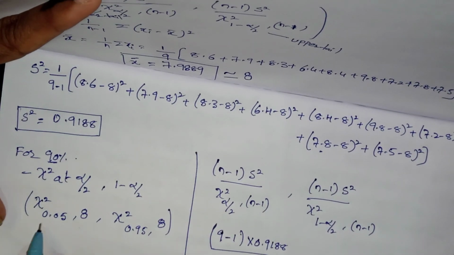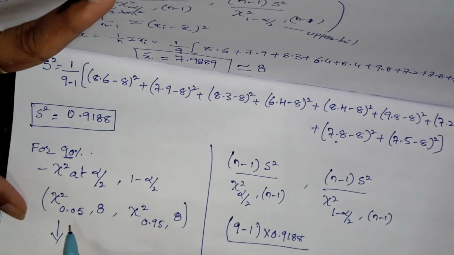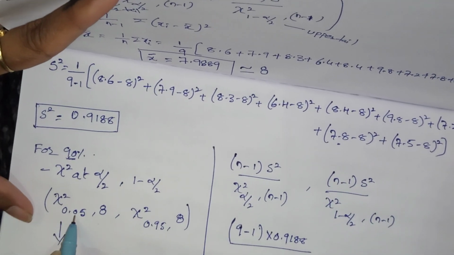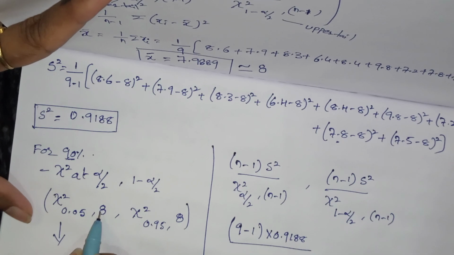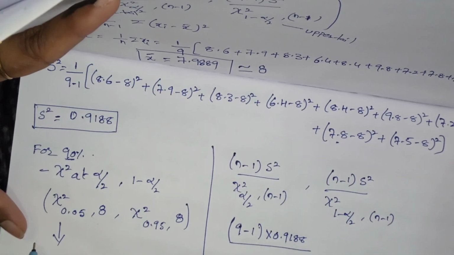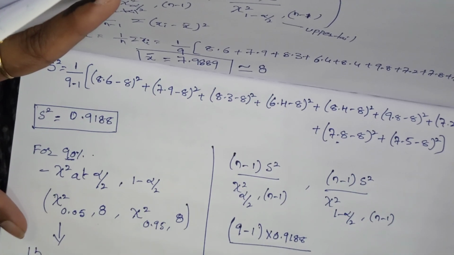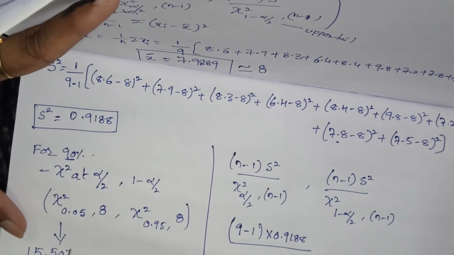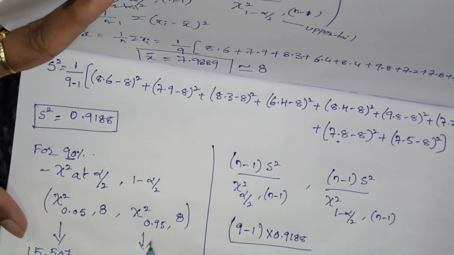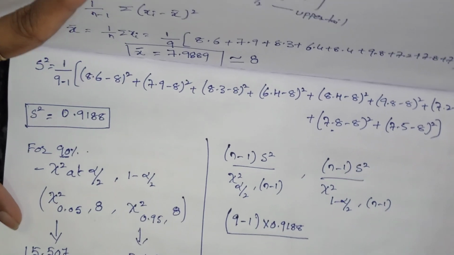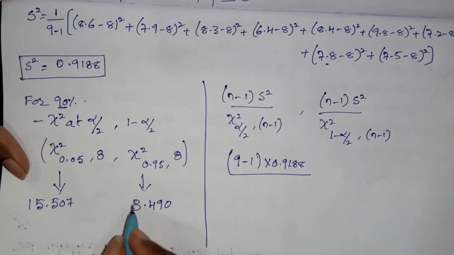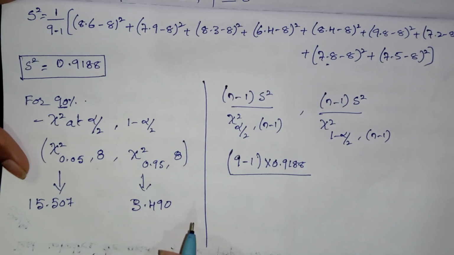First we have to write the table values. Chi square 0.05 at n minus 1 degrees of freedom, that means 8. The table value is 15.507. And for this the table value is 3.490. I'll show you in one video, don't worry.